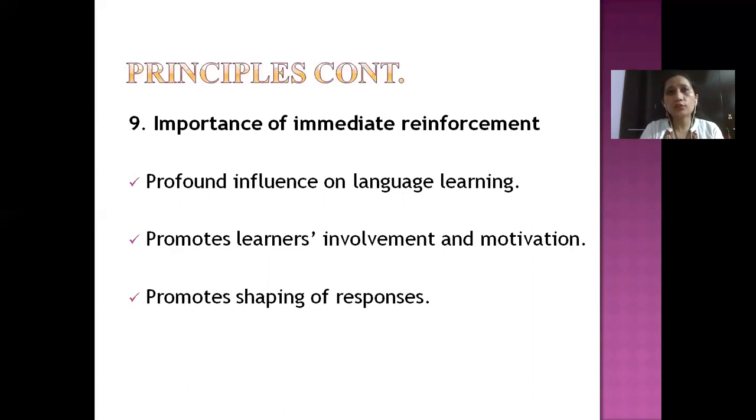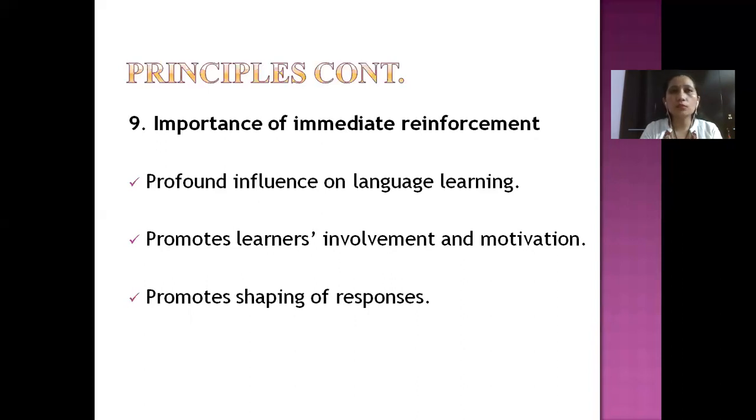And this reinforcement could be in the form of verbal, like very good, well said, and likewise, and it could be in the form of non-verbal too. For example, giving a smile, giving attention, giving a nod, and it could be in written form also, like well done, you are a good child, you have done well, or it could be in the form of some tangible reinforcement also, like stickers, star of the class.